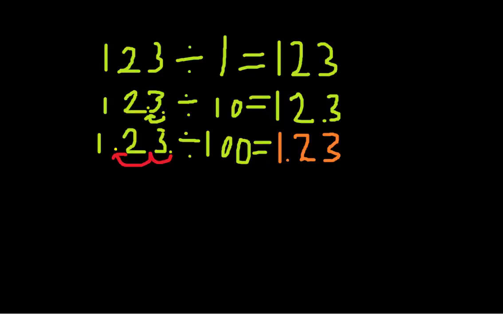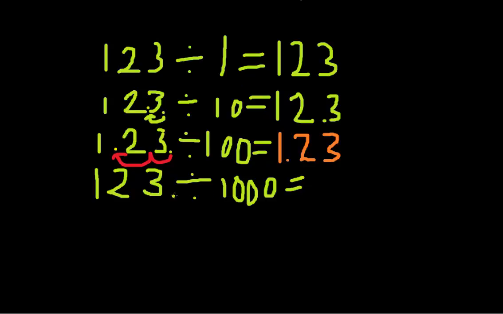Now let's do 1000. 123 divided by 1000 equals, so since the decimal point is right here, we're going to have to move it.